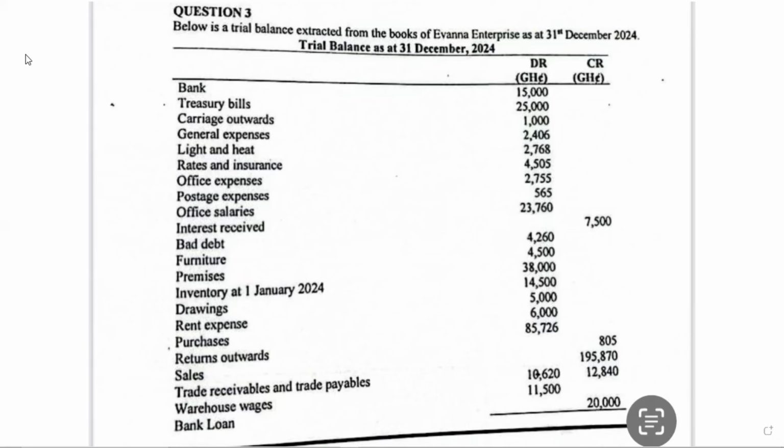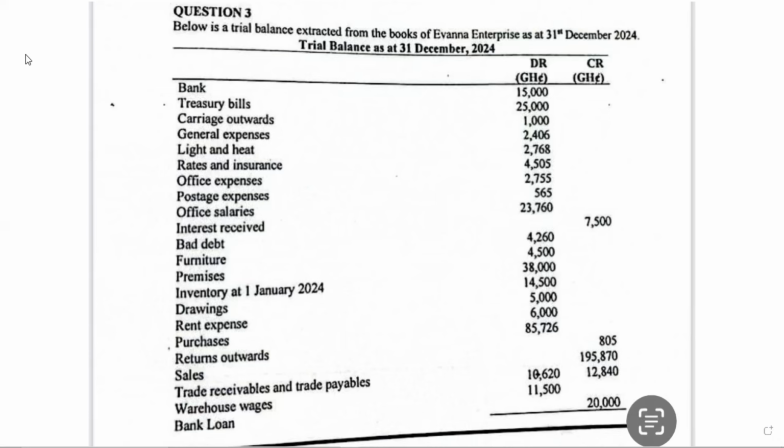85,726, return outwards 805, sales 195,870, trade receivables and trade payables 10,620, 12,000 and 12,840 respectively.